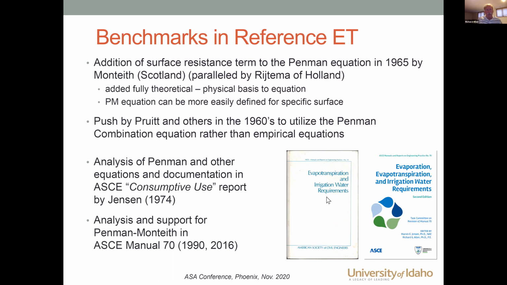And then that was followed in 1990 by ASCE Manual 70 that began to encourage the use of the Penman-Monteith equation and standardization of it. And then that publication has been revised in 2016 to also encourage and recommend the use of the Penman-Monteith as a standardized reference method.